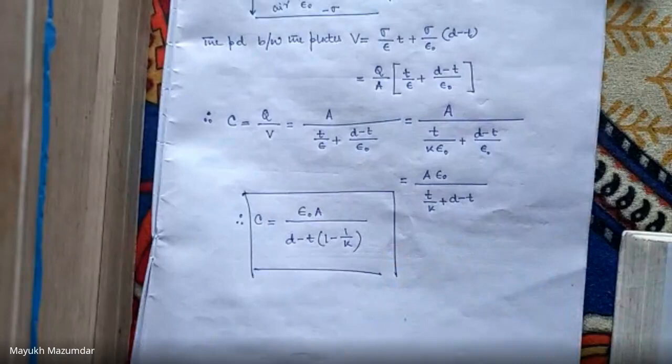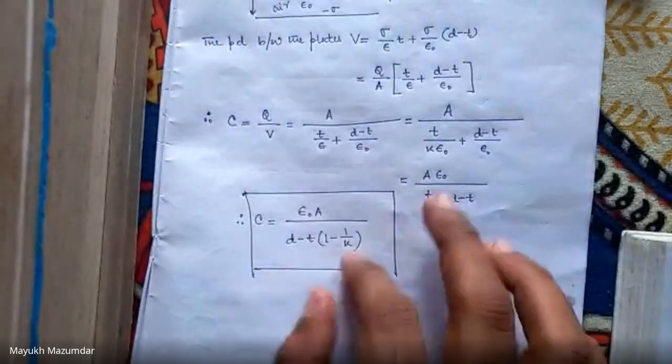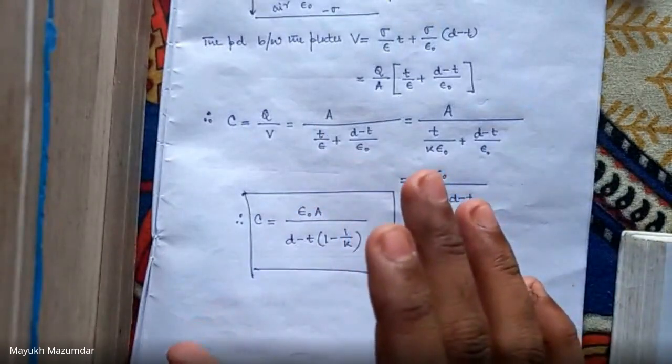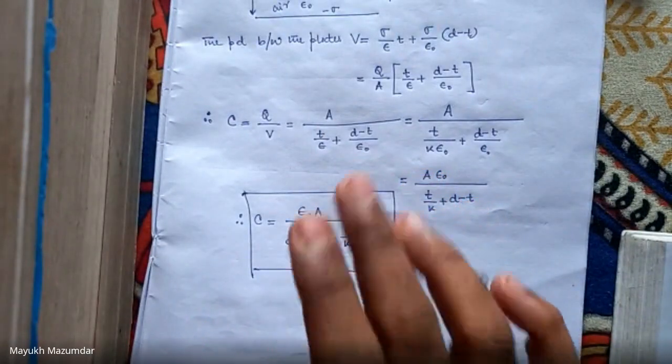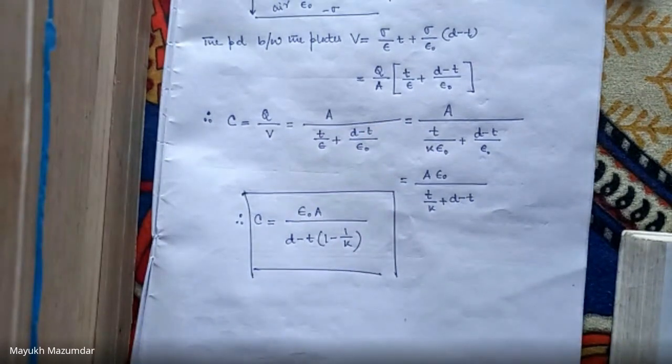Same thing, from that formula also you may get. In the exam, the question sometimes may come like that: find the expression for a composite dielectric. You would be given this special case and asked to calculate the expression for this case. Is it okay?